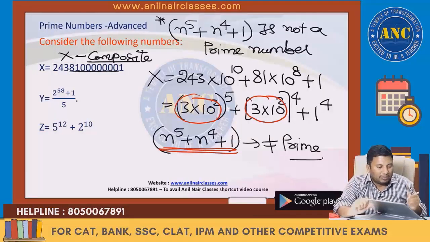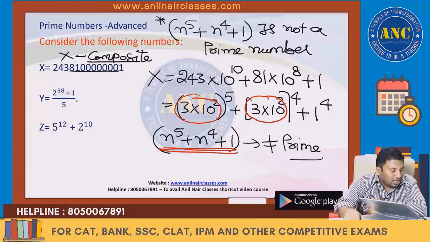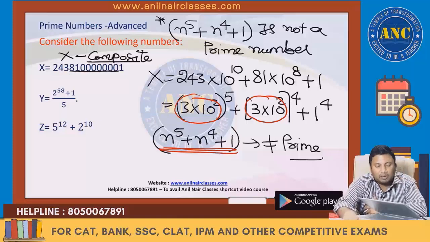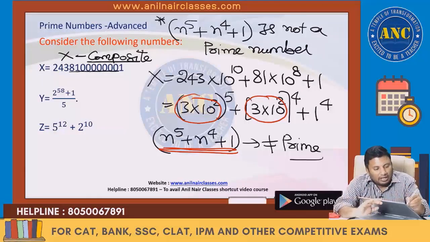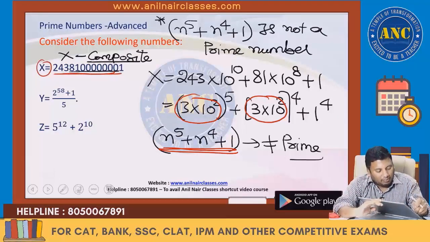This is the first one, the most repeated model in the latest competitive examinations. Now see here, x is not a prime number. Now we will do y and z. I hope it is clear why this largest number is not a prime number. Next one.